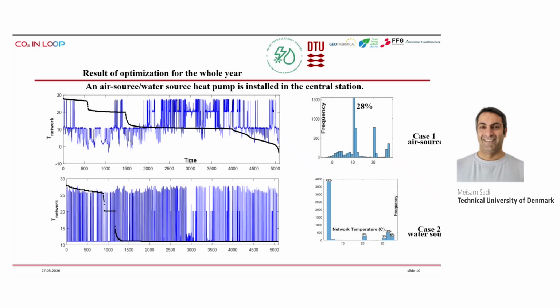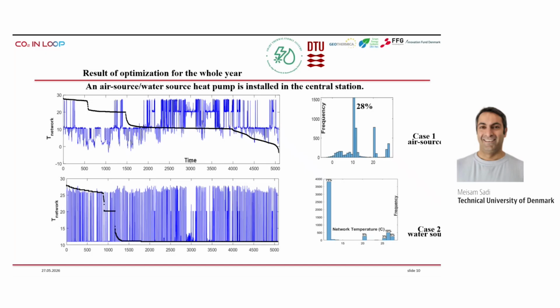We can observe that 75% of the time, the optimum value for the network temperature is about 276, and it is constant at that temperature.